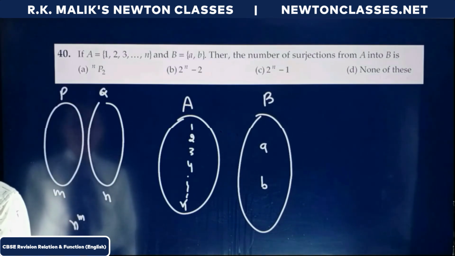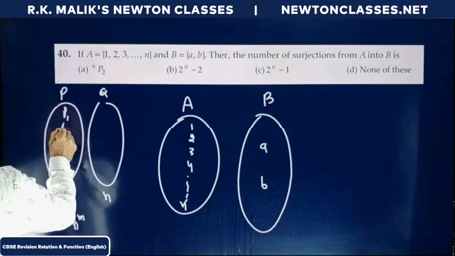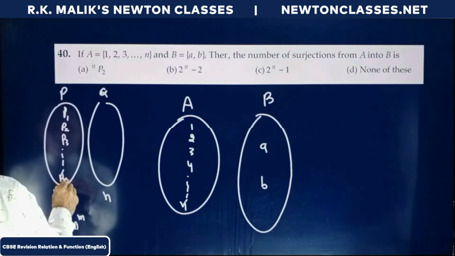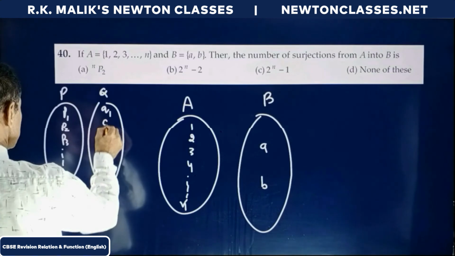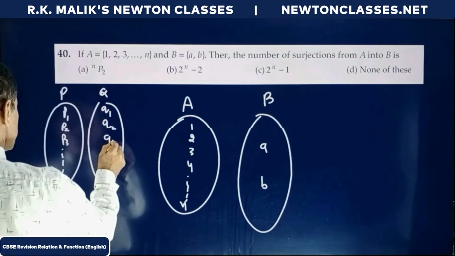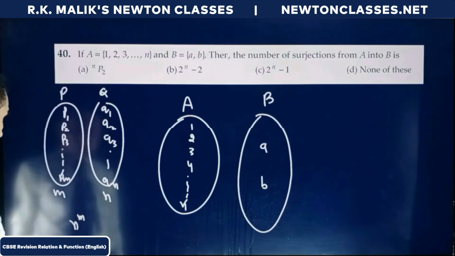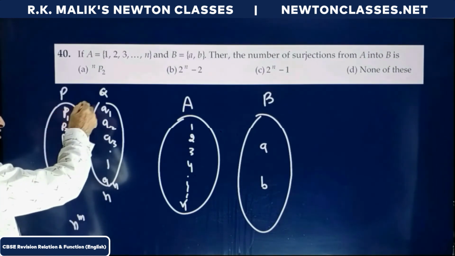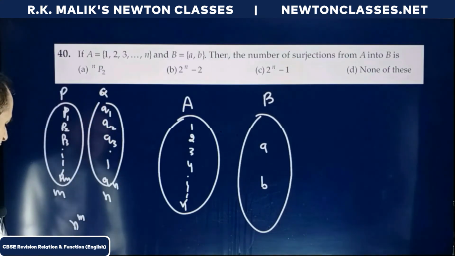For clarity, I am telling you, if the elements are P1, P2, P3 up to Pm, and the elements here are Q1, Q2, Q3 up to Qn, the arrow which will come out from P1 can go to any of the n elements.